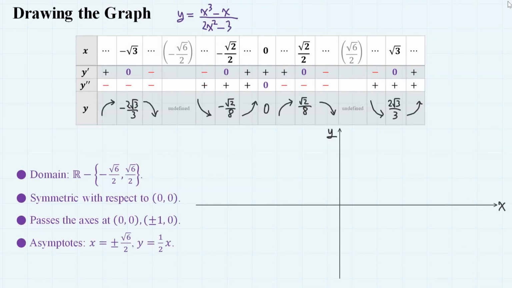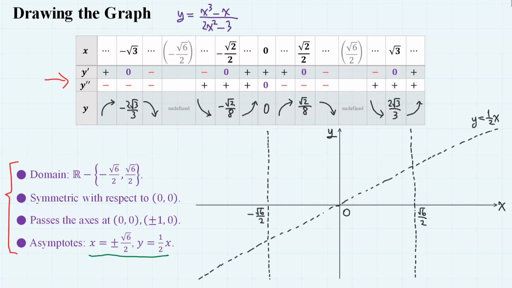So now we can finally draw the graph. We are definitely going to use this table. Also, let me state additional information we have obtained right here, because it will be helpful to us. Here, let us indicate these asymptotes first. So we have these three asymptotes. Now we draw the curve according to the table.